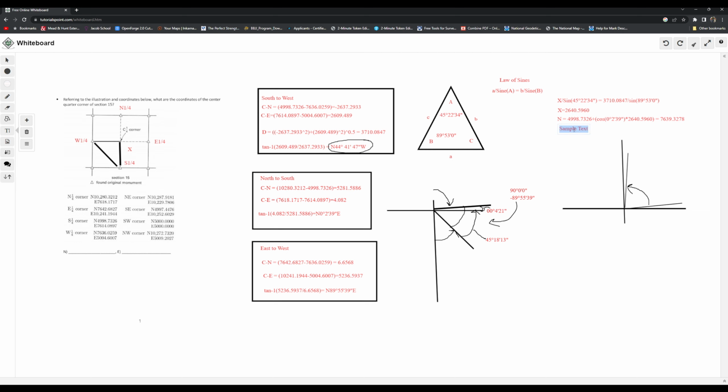Okay, so now we're going to calculate for the easting, and it's going to be from the south 7614.08997, and we're going in the northeast direction, right? Plus parentheses sine, wrong way, sine parentheses.